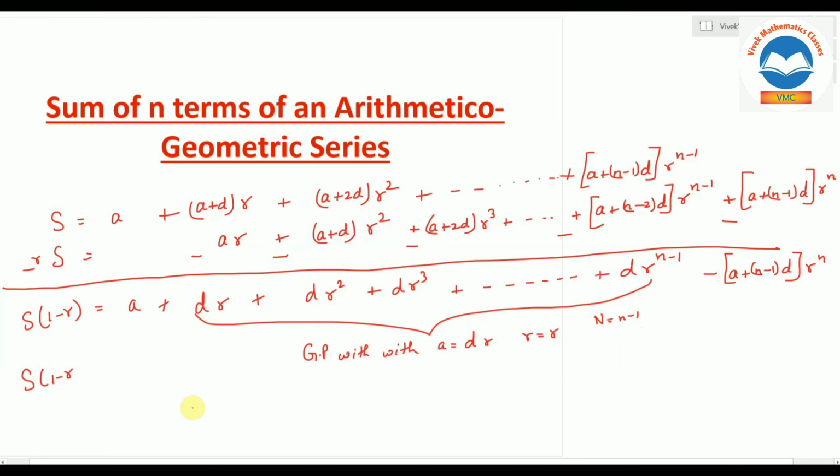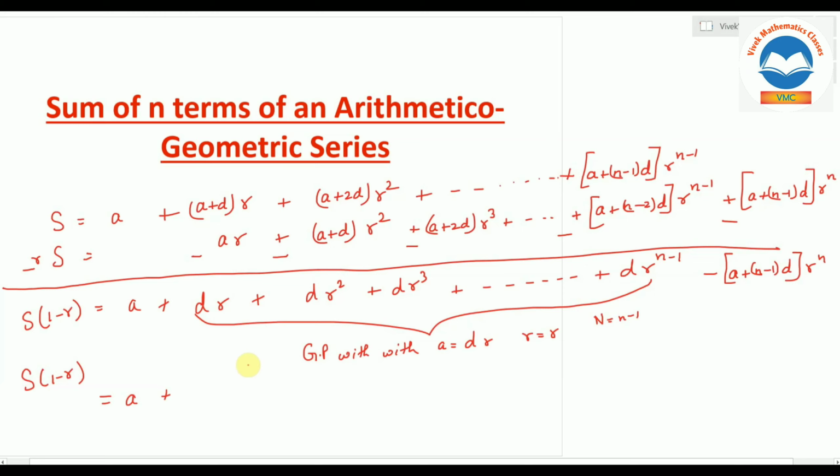So n will be equal to n minus 1. So what we will get here, S into 1 minus r will be equal to a plus the sum of n terms of GP, a into 1 minus r to the power n divided by 1 minus r.